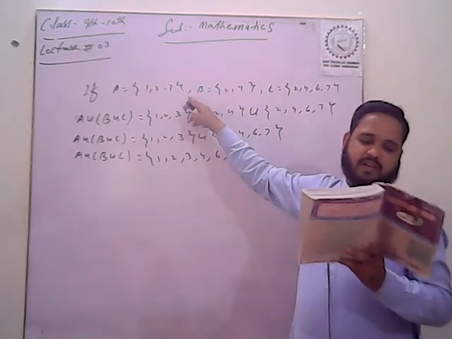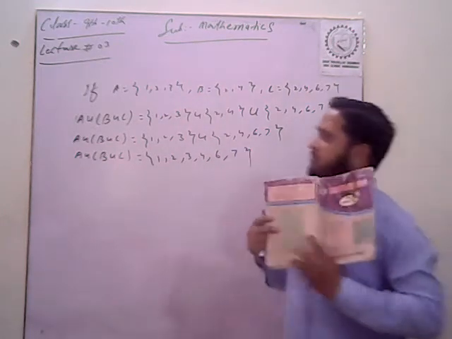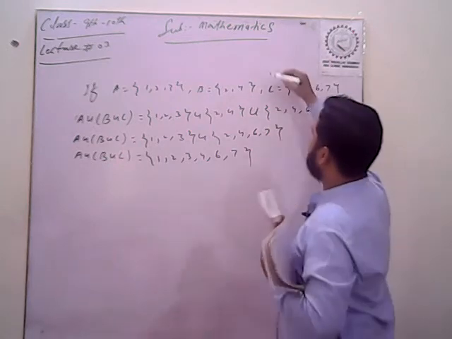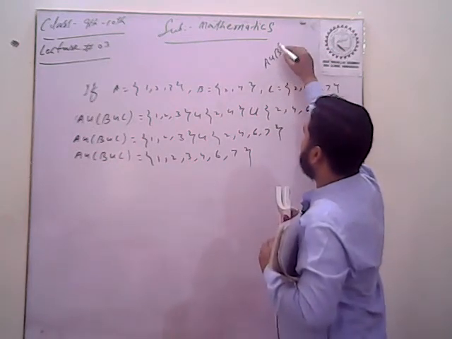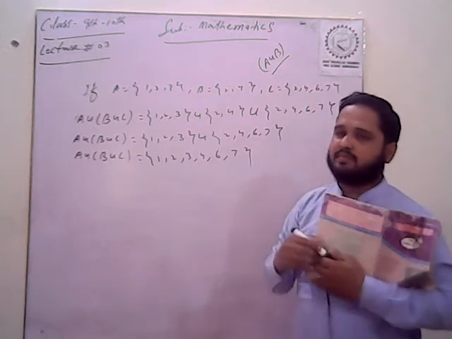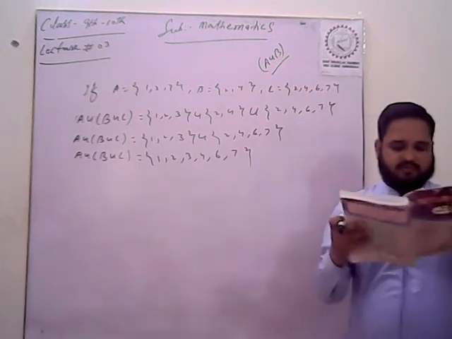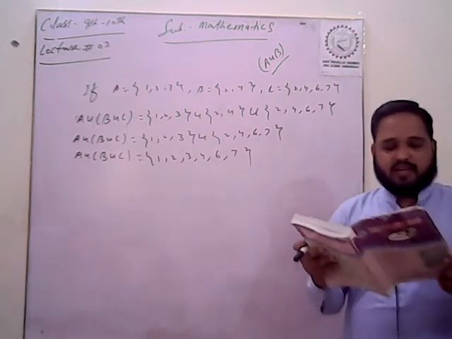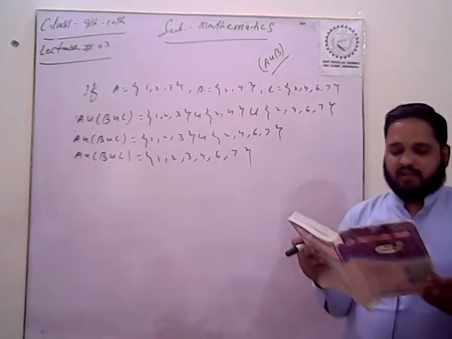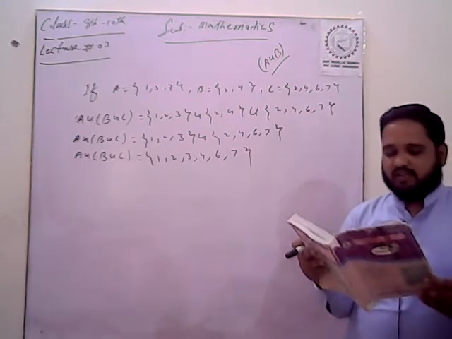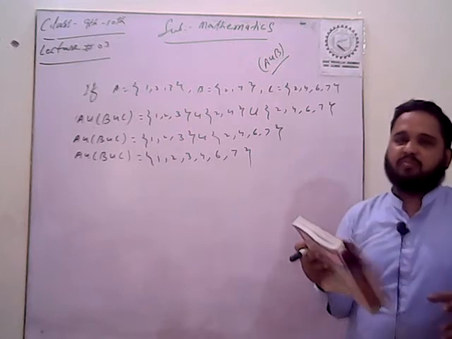Union of sets A and B, which is denoted mathematically as A union B, means the set that contains those elements which are contained in A or B or both.